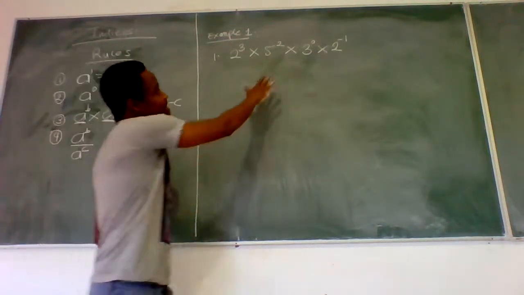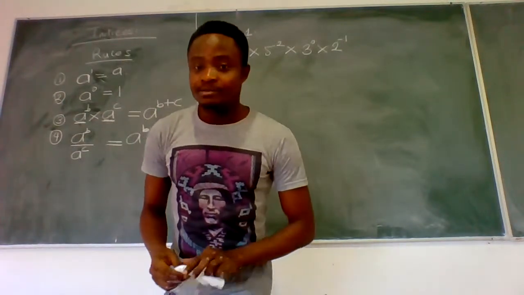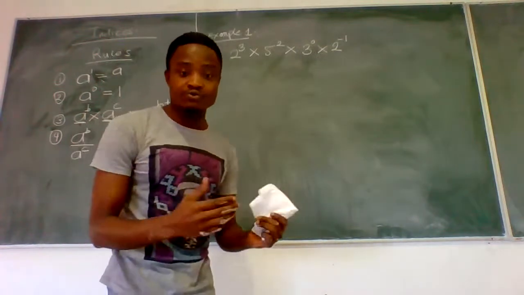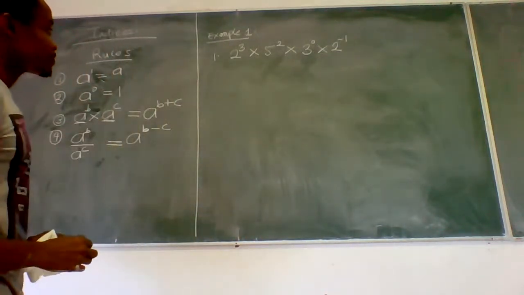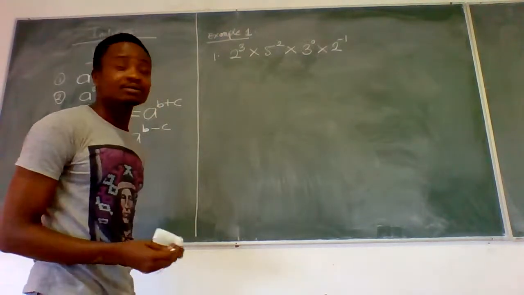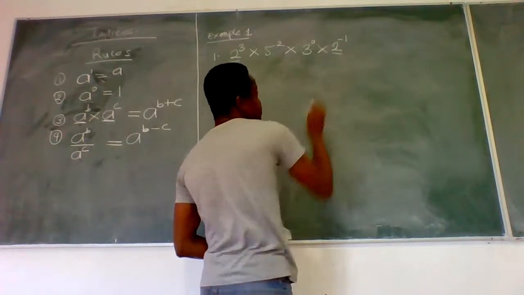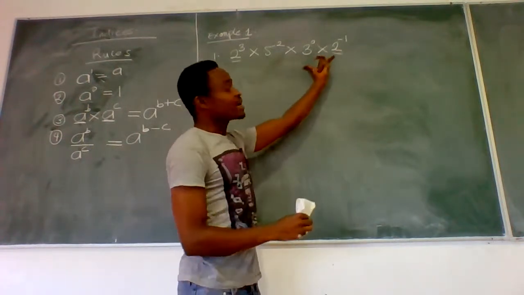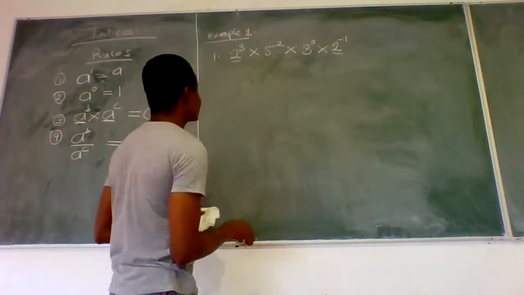So when you have something like this to simplify, what comes into your mind? You just go back to your roots or the guidelines. These are the rules for the game. First of all, let's check whether we have the same bases. From here you can see that we have 2, 2. That means these two have the same bases. It means we can group them.